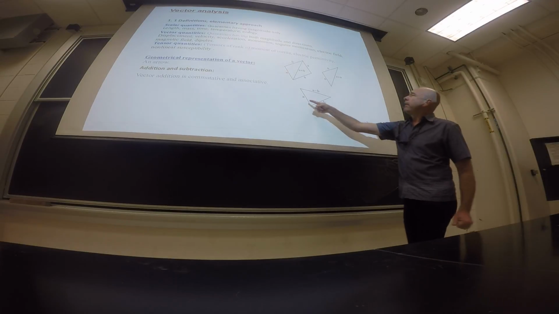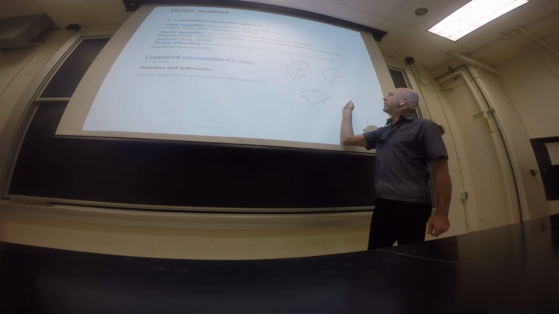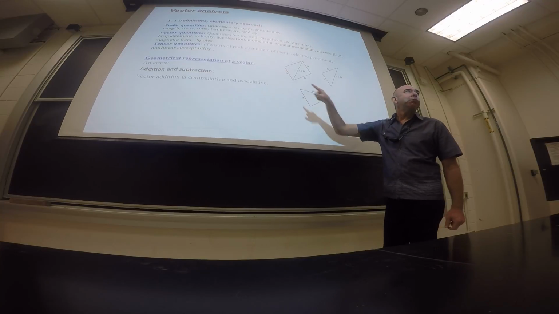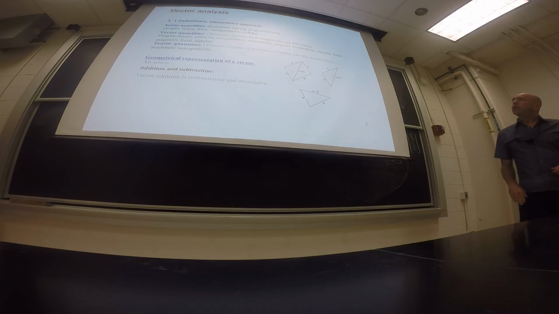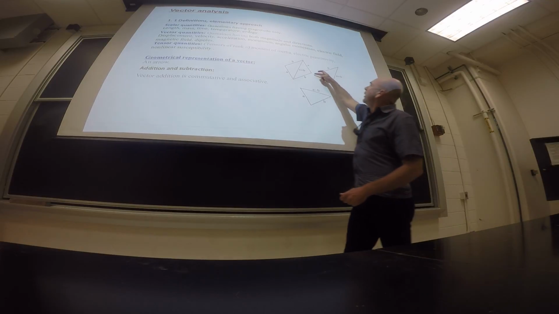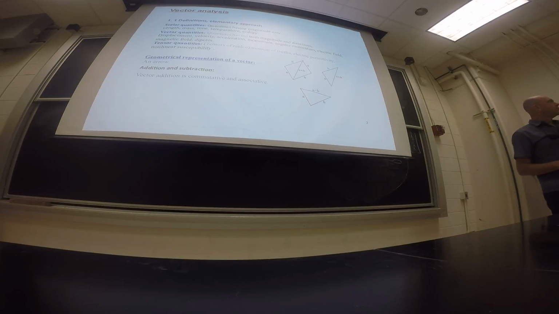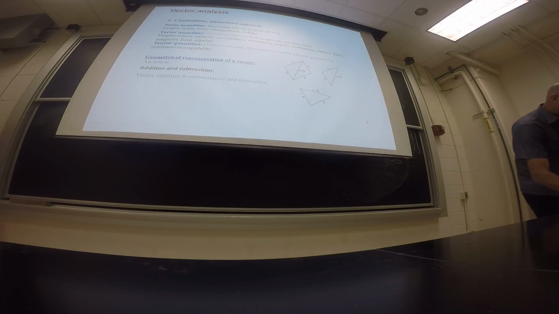If we have the same vectors A and B, and we say A minus B, I always think of it as what do we have to add to B to get back to A. So we have an arrow going back to that point, which is essentially the other bisector of the parallelogram. So that's addition and subtraction of vectors.